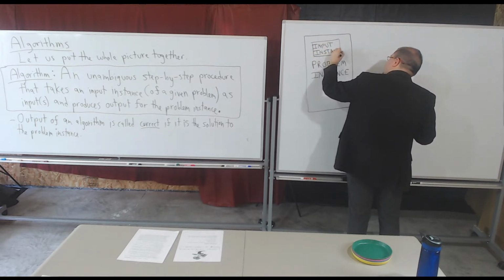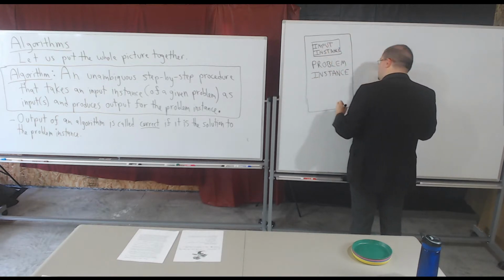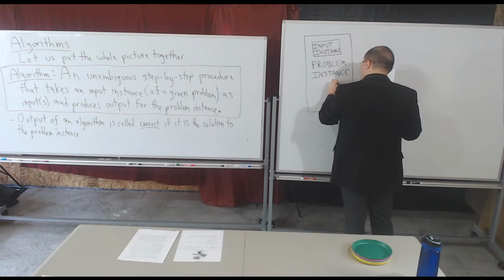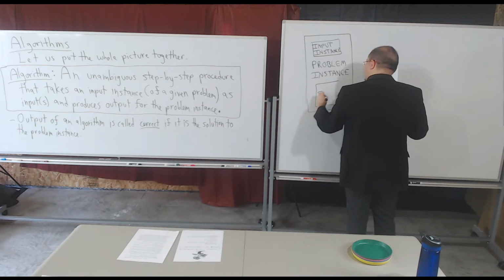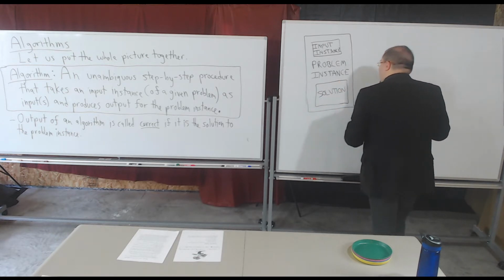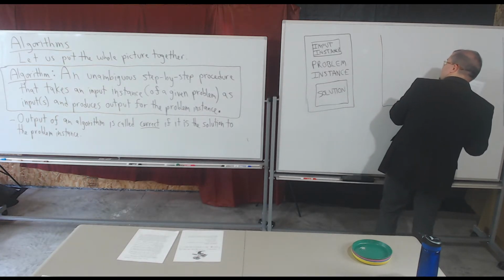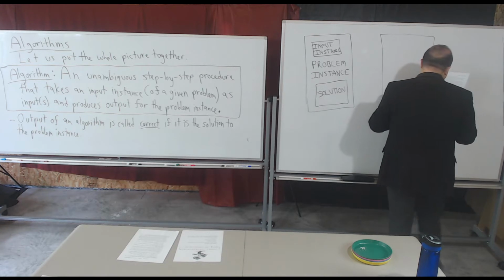In fact, you'll find very often that people will use this phrase and that phrase synonymously with the word instance, like I said the other day. So an input instance has input, and it has a solution. Likewise, I have this other definition I just gave you of an algorithm.